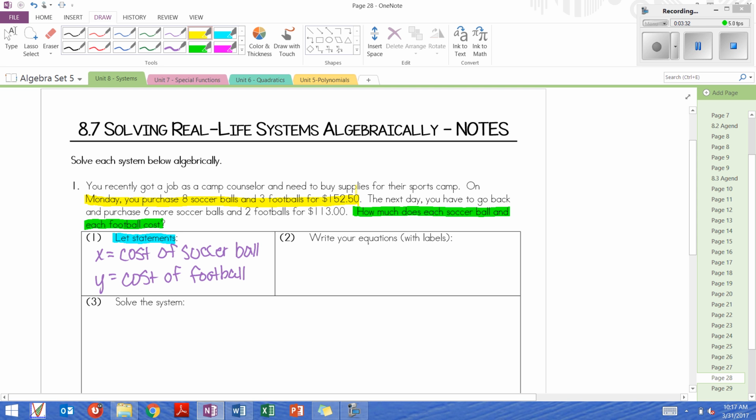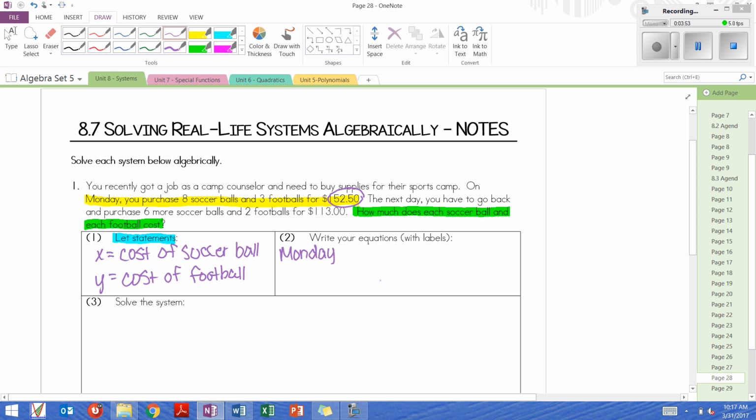We know that the total is $152.50. And what does this sentence really mean to me? Well, it means on Monday. So I'm going to just call this equation the Monday equation.